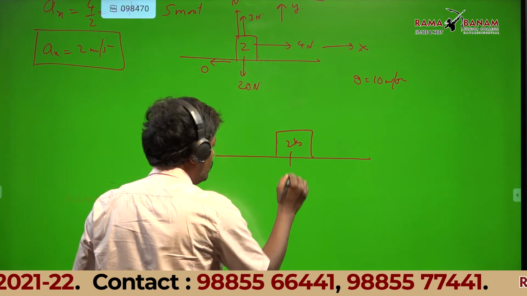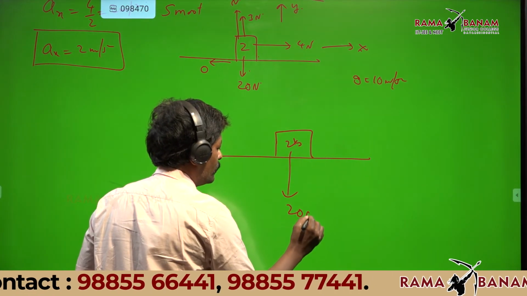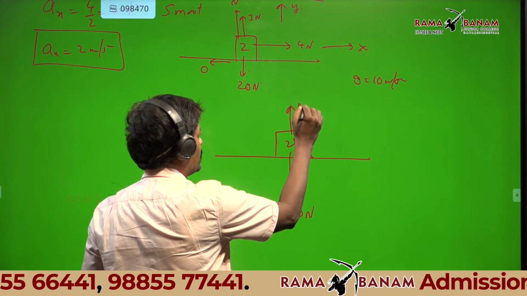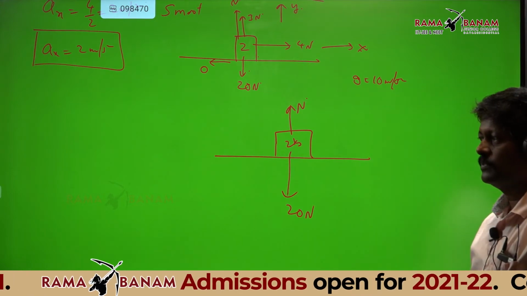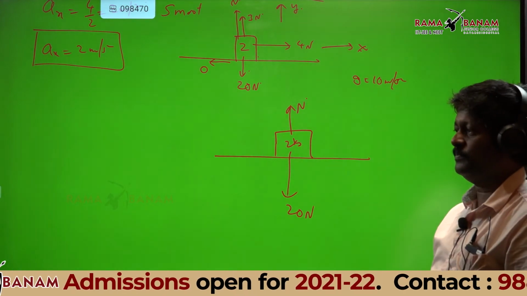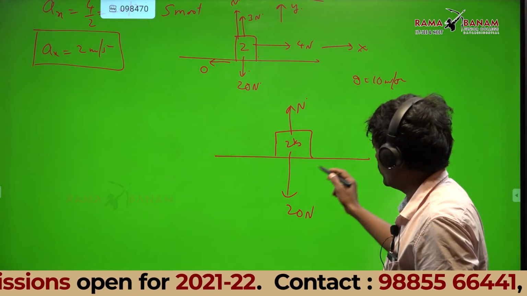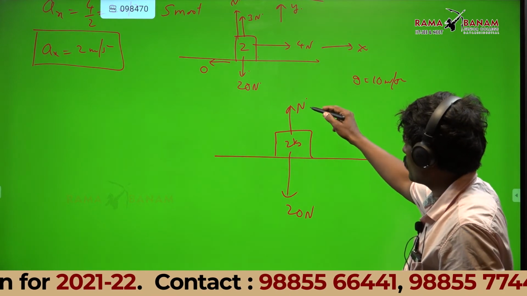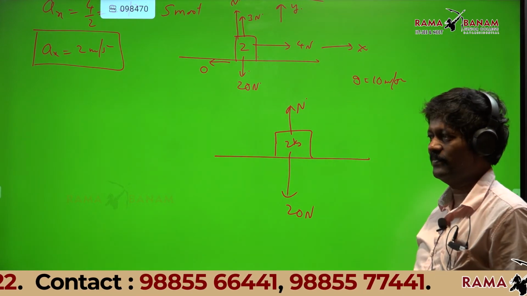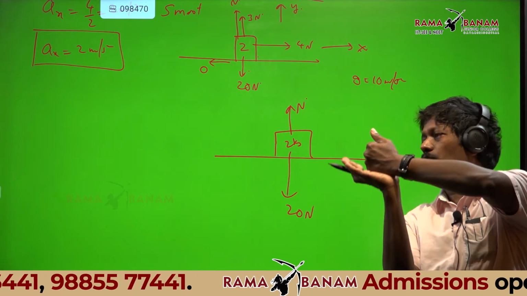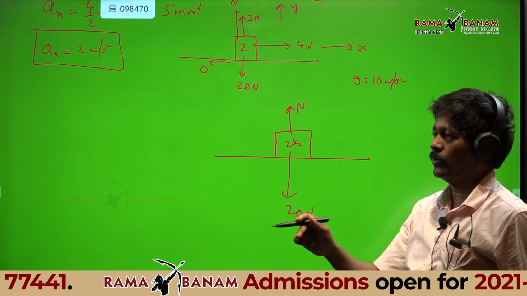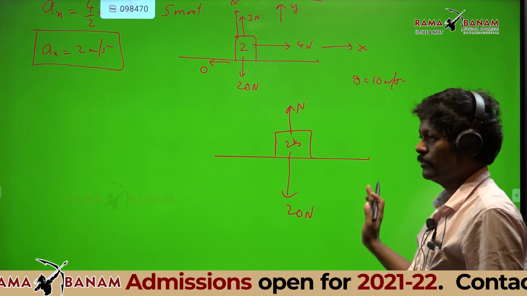Then what you have: mg is down, 20 Newton, and normal reaction is up. So normal reaction how much? 20 Newtons. So if I put this on the weighing machine, it will record the normal reaction, the force given by the surface to the body, 20 Newton.